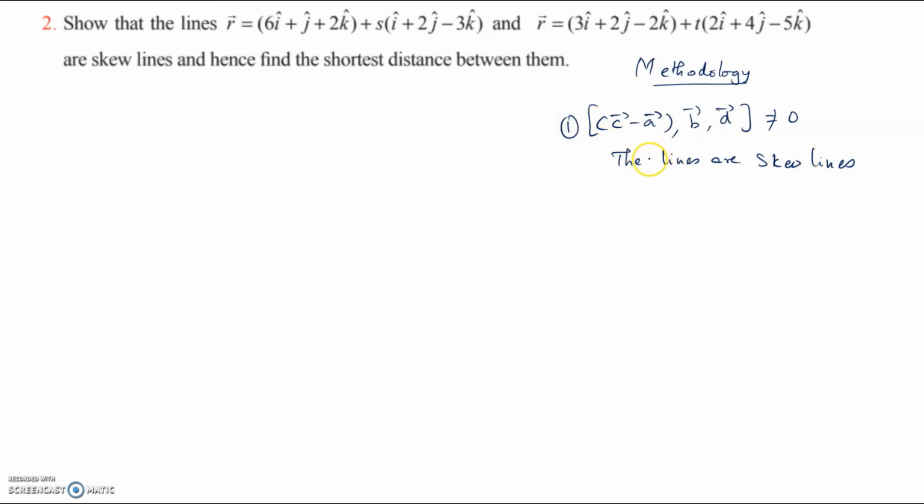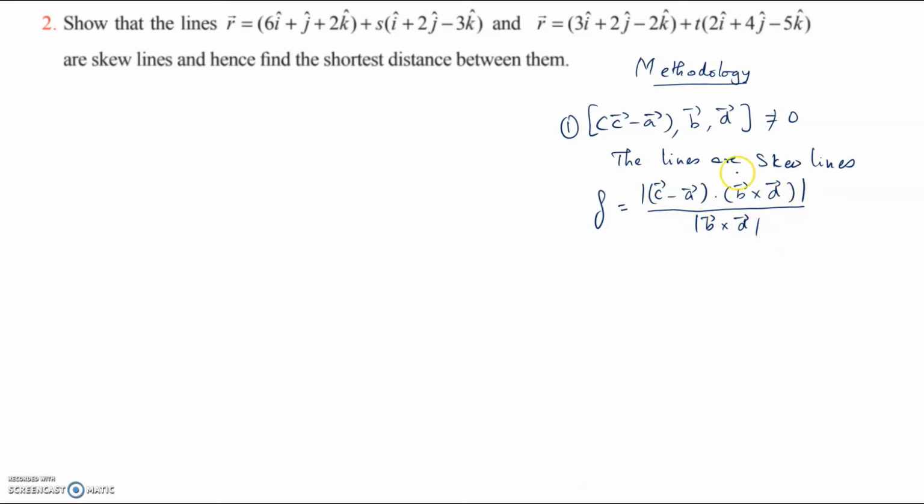Once we find it, the shortest distance between the two lines is given by the formula delta = magnitude of (vector c − a) dot product with (vector b cross product with vector d), divided by the magnitude of b cross d.